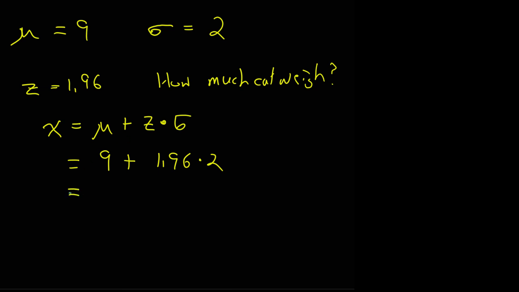And so I have to retreat to my calculator. 1.96 times 2 equals 3.92, plus 9 is 12.92.